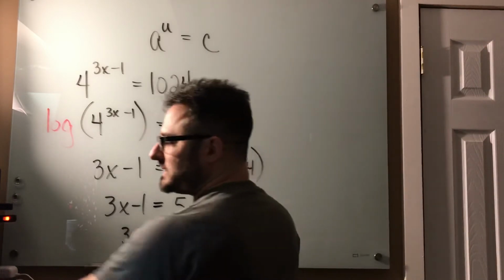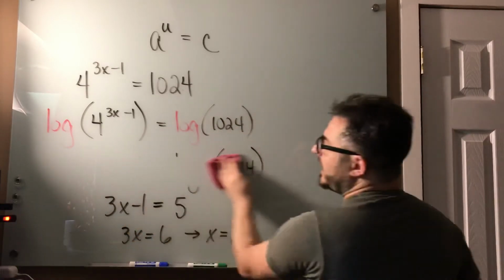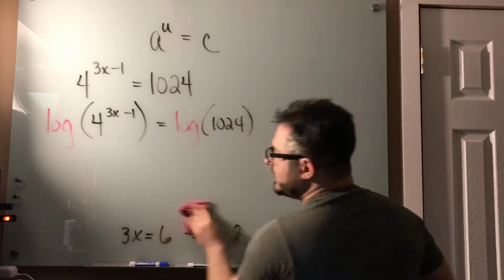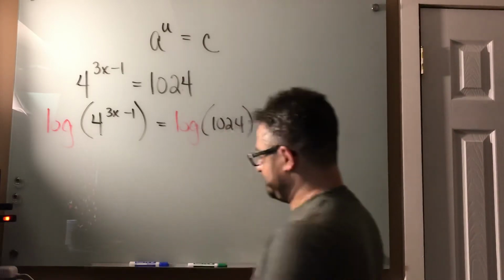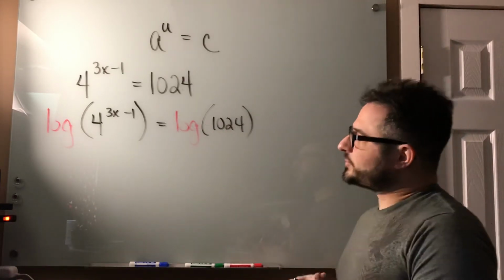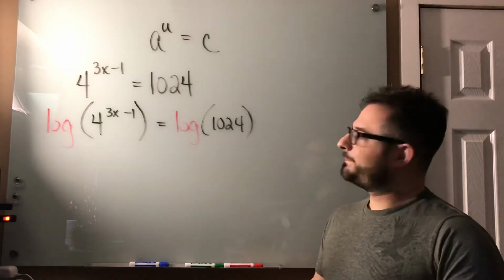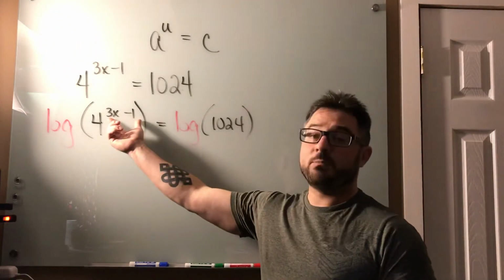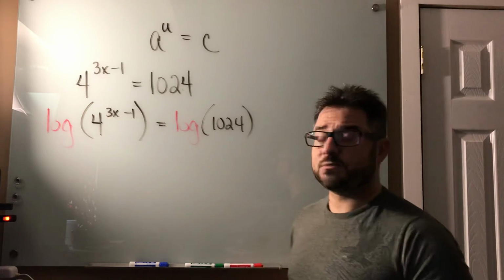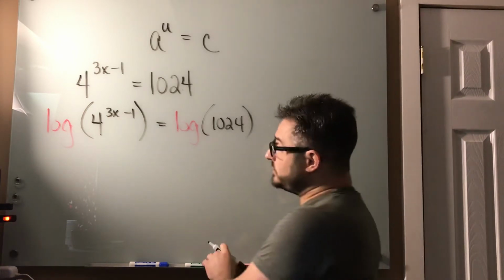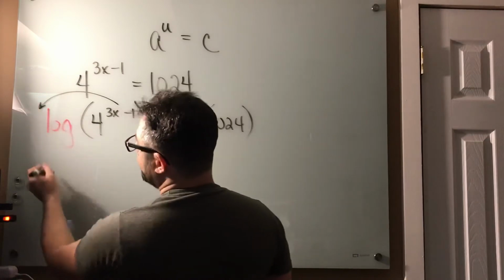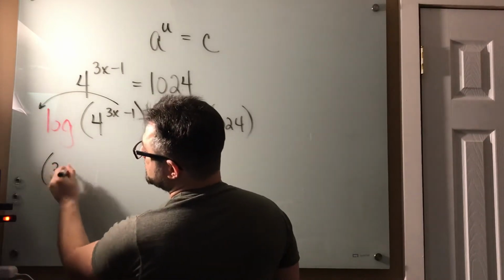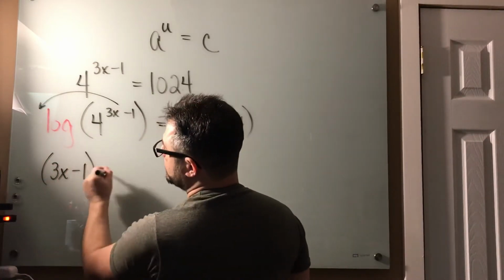Now, what makes this different and perhaps a little more difficult is that the expression in the exponent has to be treated as one item. Yes, it has multiple things going on in it, but it has to be treated as one item. So when we use the power property of logarithms to bring it down in front, we have to be very careful to write the 3x minus 1 in parentheses.